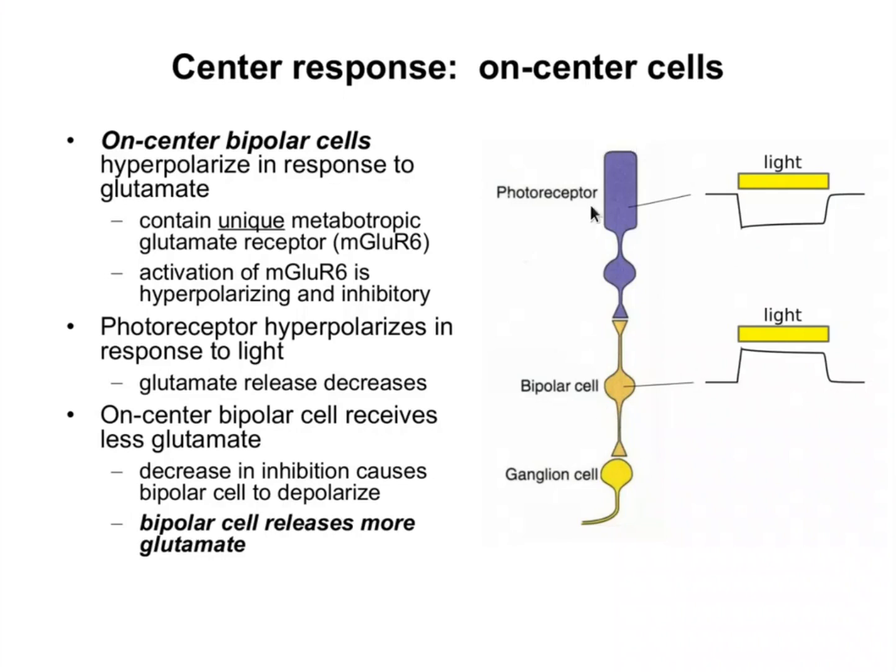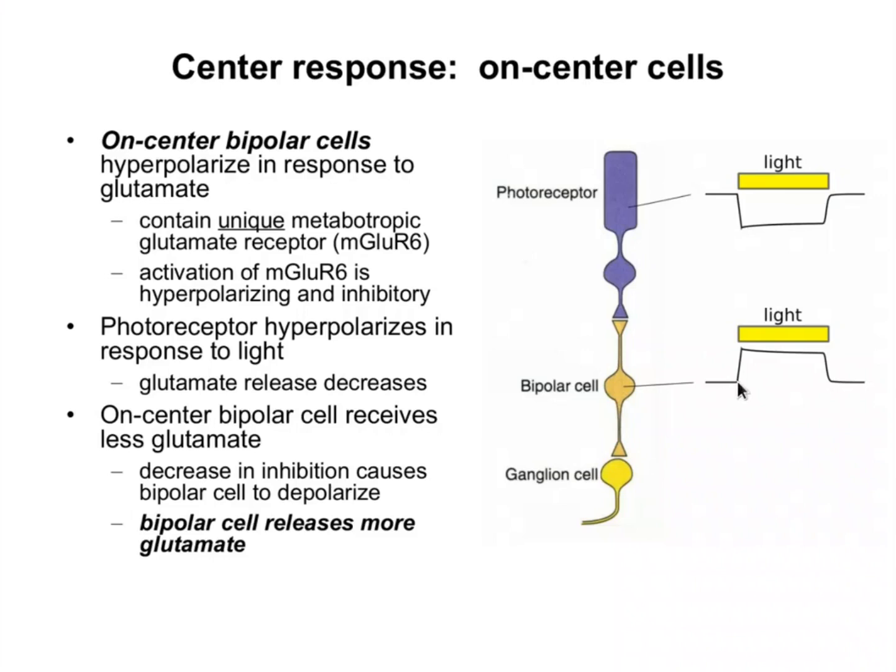And if the photoreceptor that's presynaptic is stimulated with light, it hyperpolarizes and stops releasing glutamate onto the postsynaptic on-center bipolar cell. So the postsynaptic on-center bipolar cell is released from inhibition when its presynaptic photoreceptor is stimulated by light.